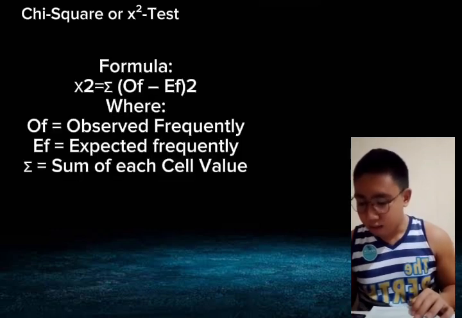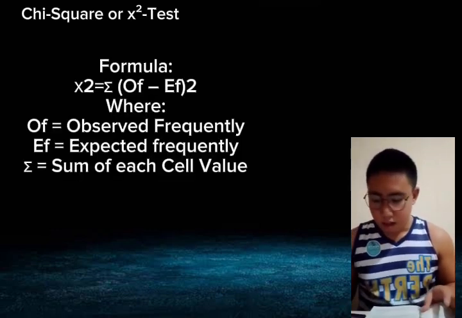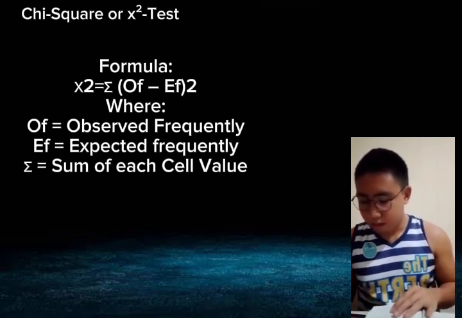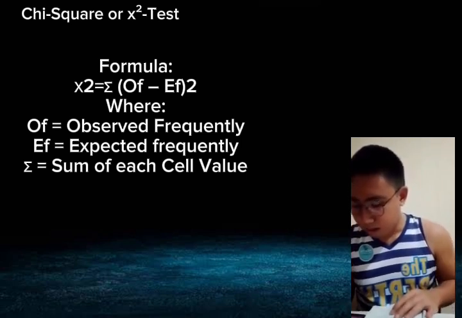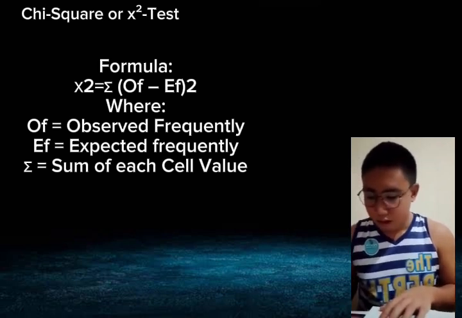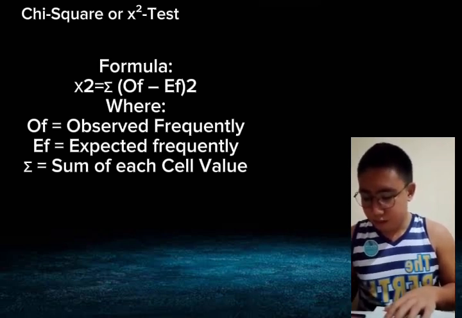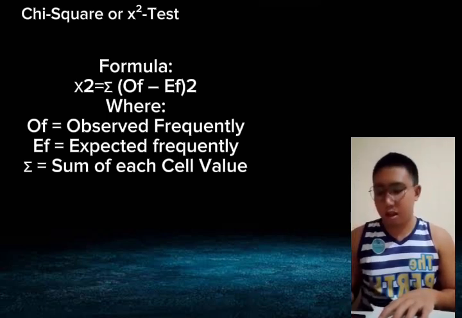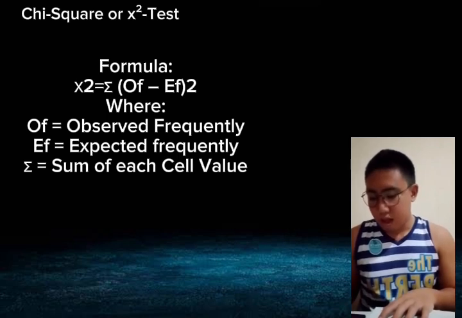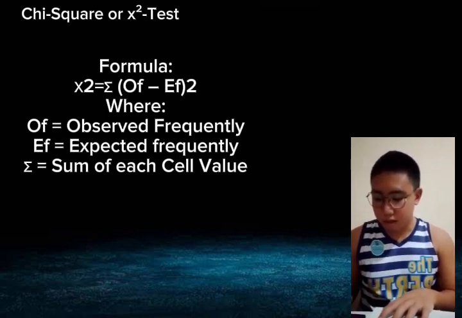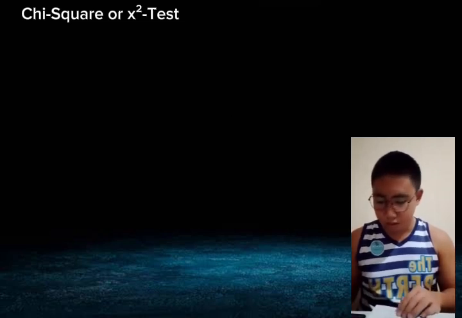The formula is x squared equals the sum, the symbol sigma, of O f minus E f, squared, divided by E f, where O f is the observed frequency, E f is the expected frequency, and the sigma symbol is the sum over each cell value.